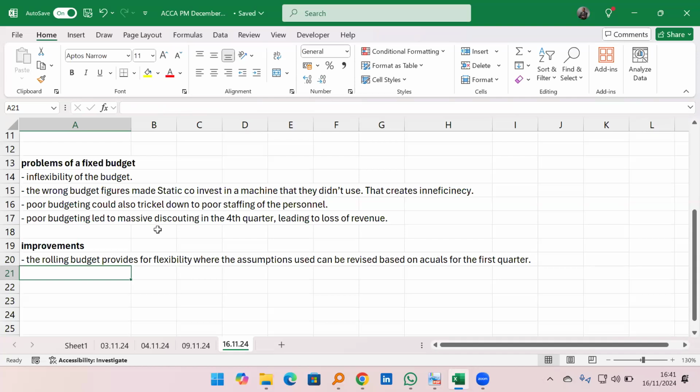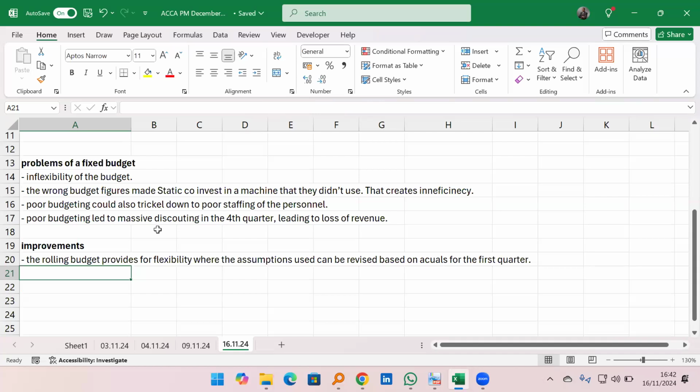Ideally that would indicate to you that I should not plan to sell this many units at the end of the year, because if I have failed to sell what I had planned for the quarter, what about the end of the financial year? So you give up on that goal in the first place. That is the flexibility that the rolling budget has given to you.